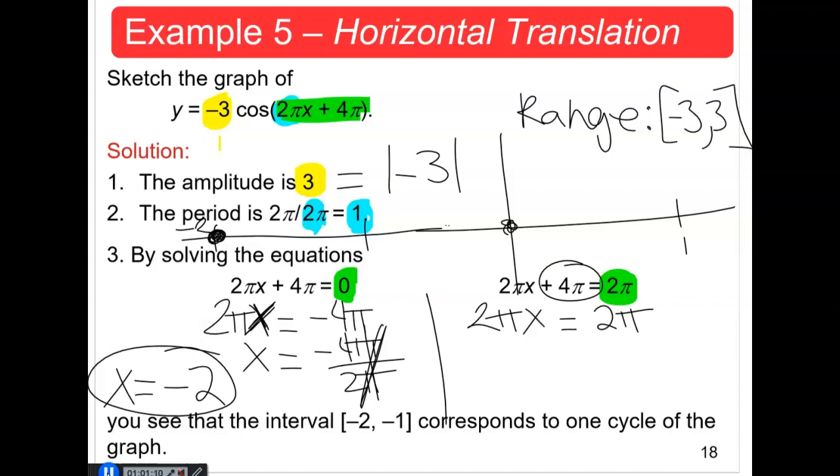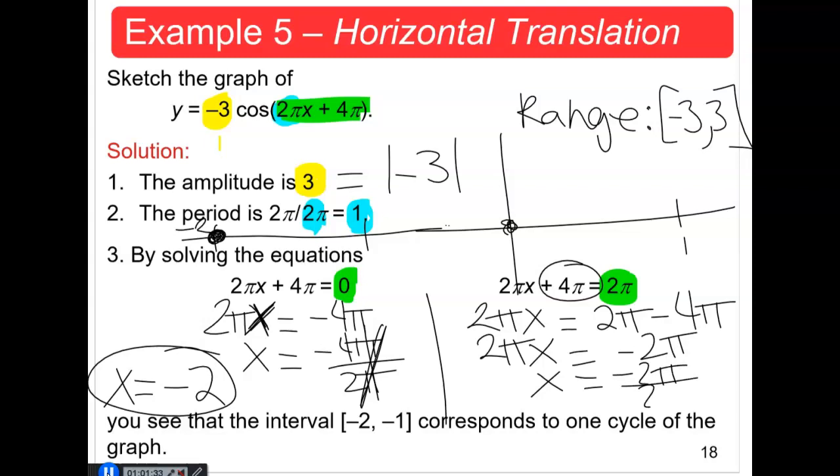We take this positive 4 pi, subtract it on both sides or move it across, and that will give us negative 2 pi. We have 2 pi x, and we're gonna divide by 2 pi, so here negative 2 pi divided by positive 2 pi, and that will give us x is equal to negative 1.